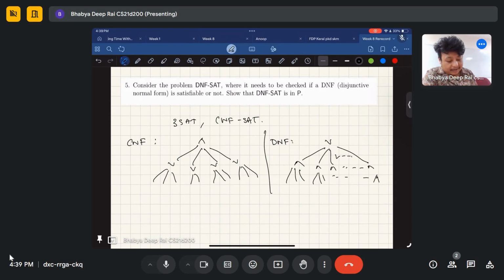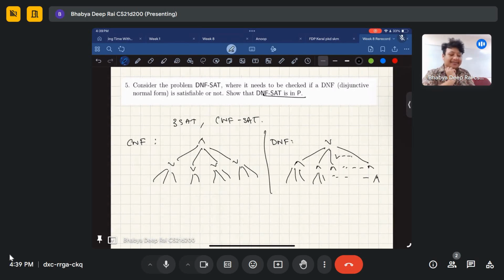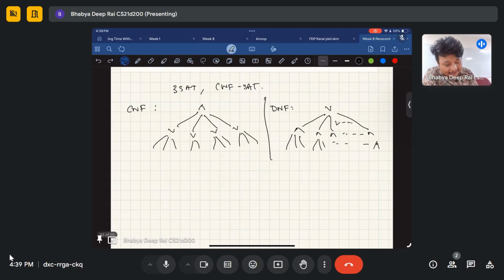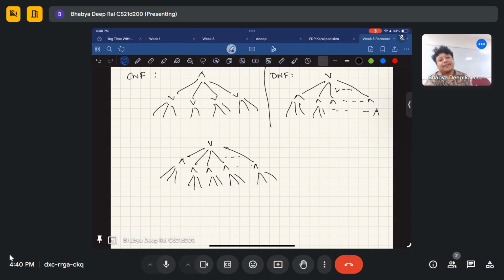Now, why are we only interested in CNF SAT? That is the question. Why not DNF SAT? Well, it so happens that DNF SAT can be done in polynomial time, and rather easily. Why? Because let's say you are given a DNF. What you need to do is check whether this DNF is satisfied.